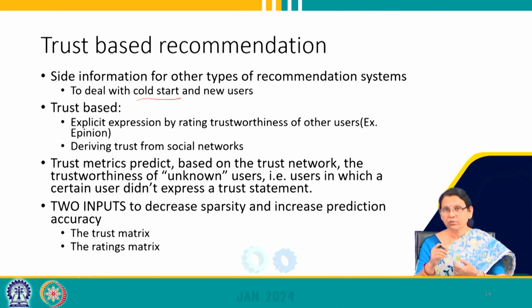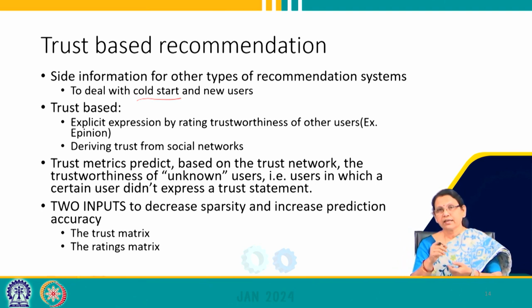From a social network, let us say you are dealing with some user who has certain friends, and you know the preference pattern of the friends and how well this user is connected in terms of liking the items which are provided by the friends.